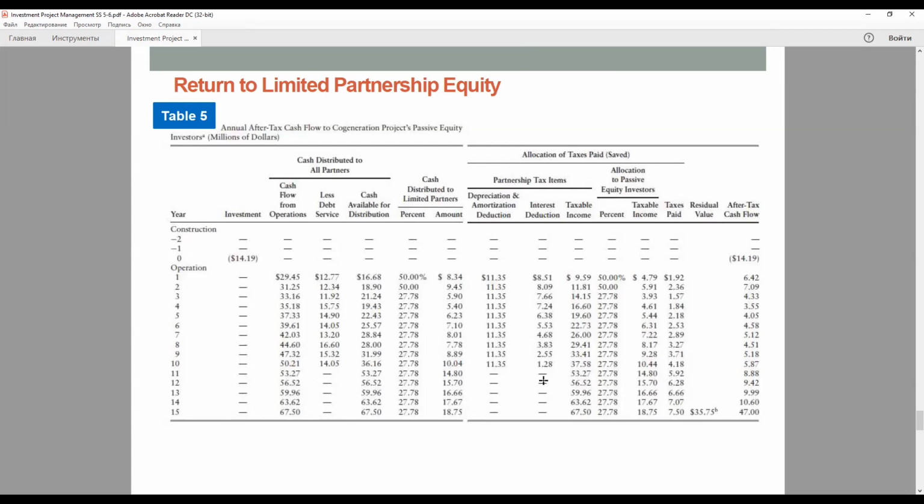To realize these benefits, the passive equity investors had to commit to the construction lenders to invest a stated percentage of the project's equity capital once the cogeneration project passes its completion test. So again, to receive these benefits, you should commit and invest the equity capital as agreed after the project is completed.